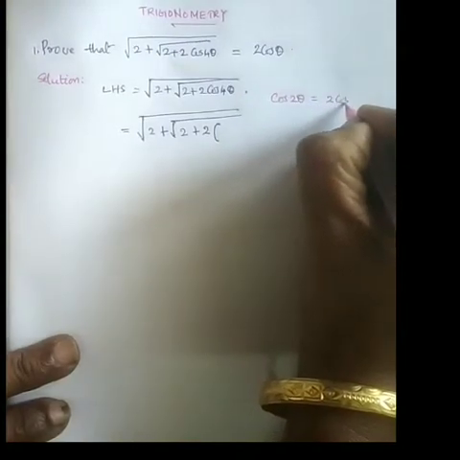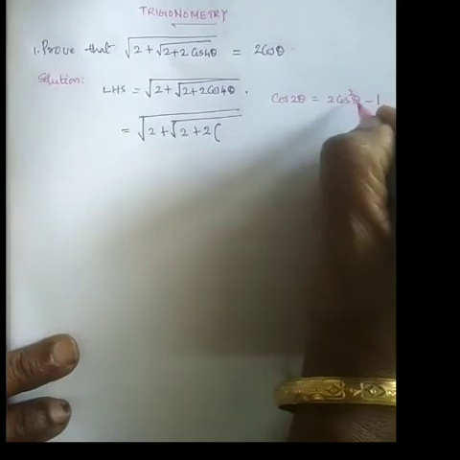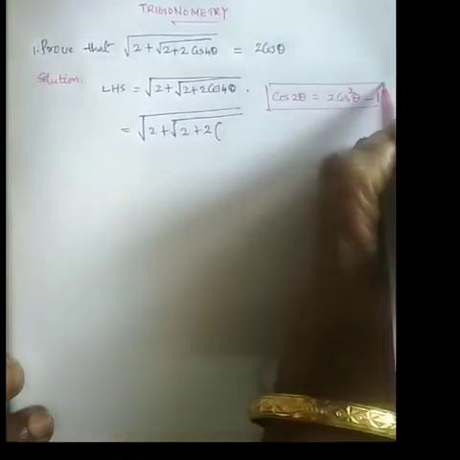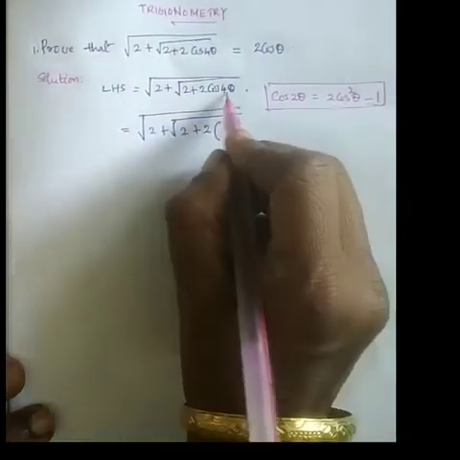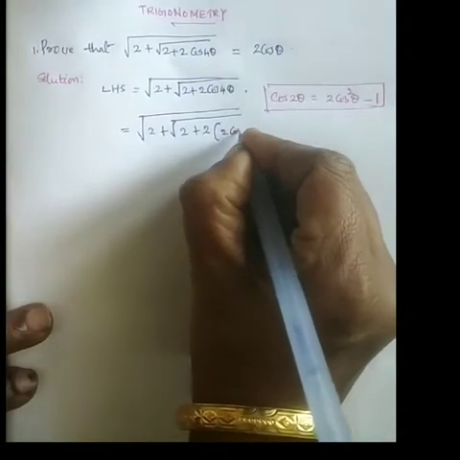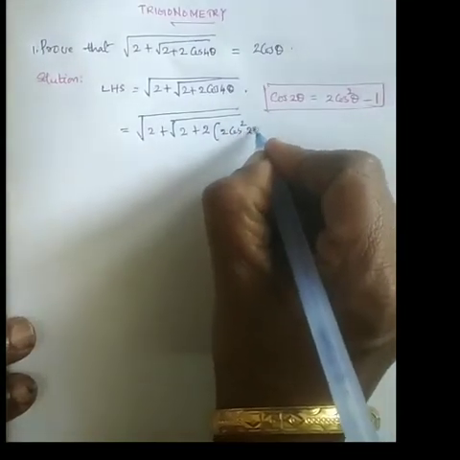Using this identity, we can rewrite cos 4 theta as 2 cos square 2 theta minus 1.